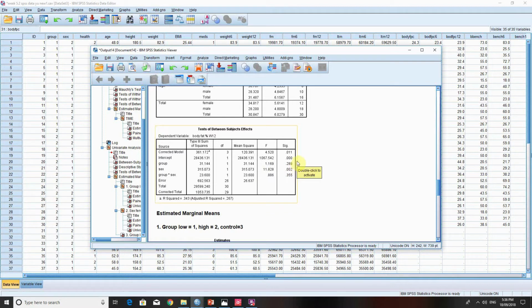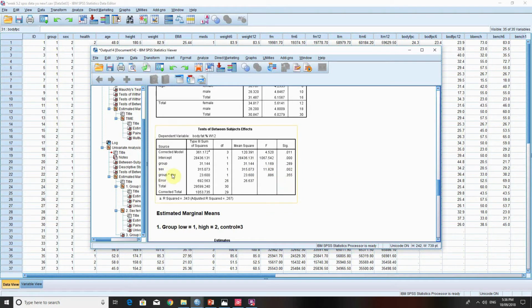If we're looking at gender, we need to use this degrees of freedom and this degrees of freedom, so 1 and 26, this F statistic, so 11.828, and this p-value, so p equals 0.002. And you would present this in the same way as a normal one-way ANOVA. So you would write F and then in brackets 1, 26 equals the F statistic 11.828, comma p equals 0.002.